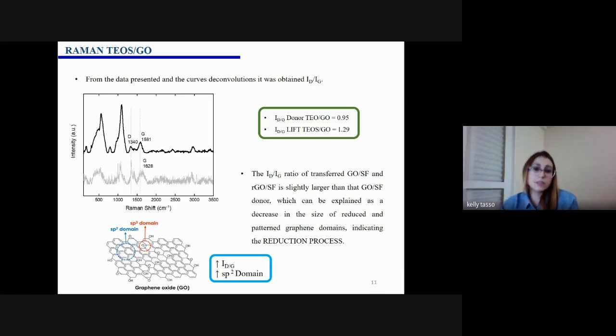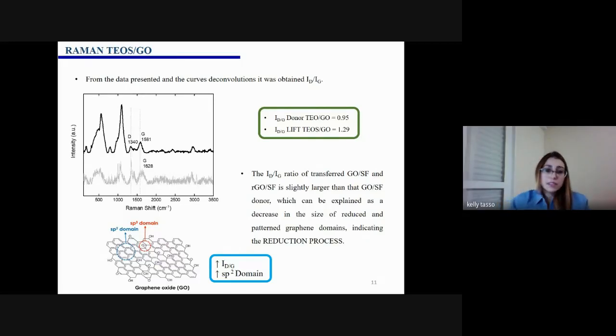And as I wanted to see the influence of the process on graphene oxide, I obtained the ratio of the intensities of graphene oxide D and G bands, which is higher for transferred material, which can be explained as a decrease in the sp3 domains of the graphene oxide, indicating a reduction process.